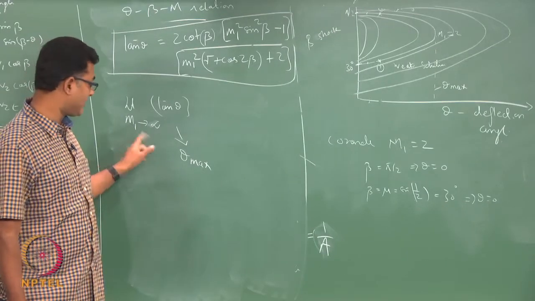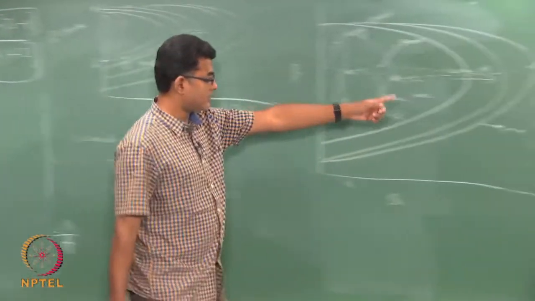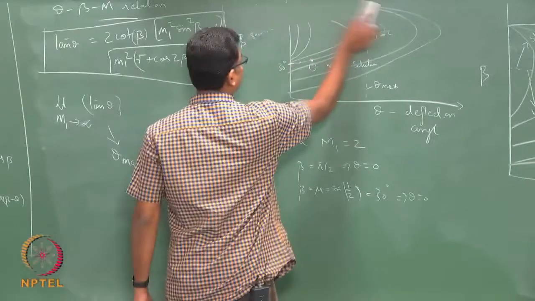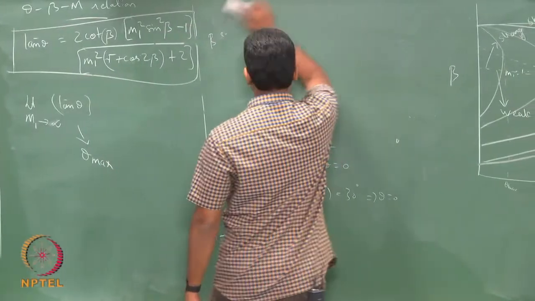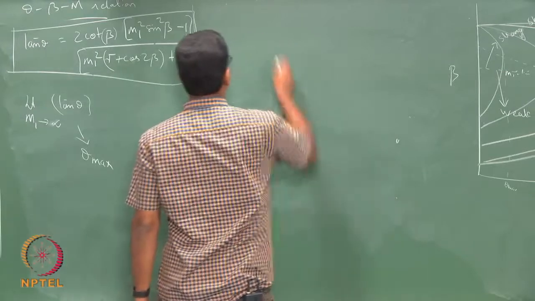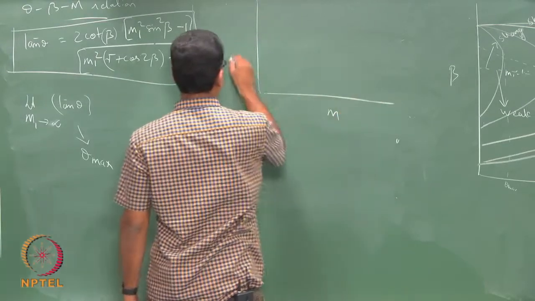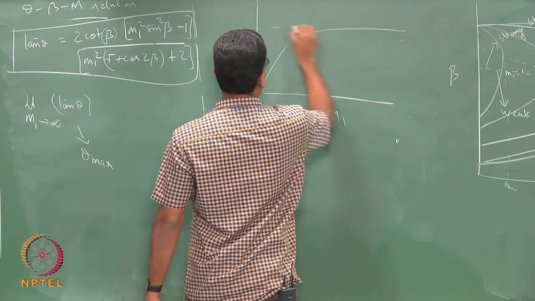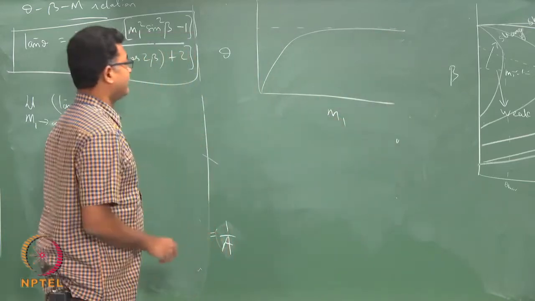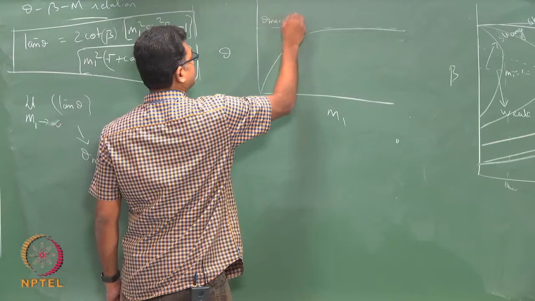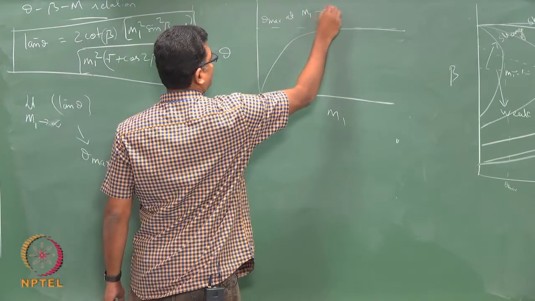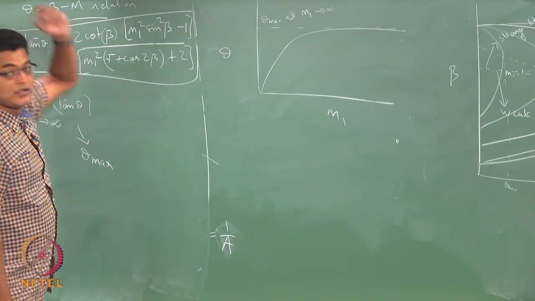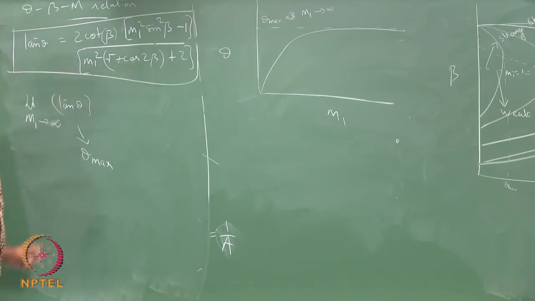So, theta max would also result in a limiting value, which will look something like this. It goes from here and it goes. You can find this value of theta max as M1 tends to infinity. So, all these things you can get from this particular equation.